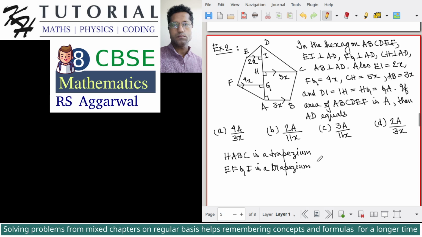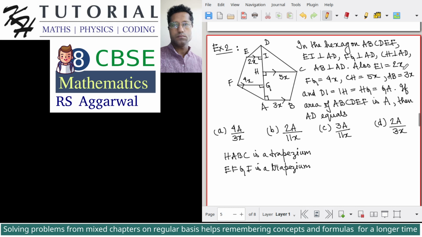Now we know the dimensions of the perpendiculars in terms of x, but we do not know the actual values of DI, IH, HG and GA. We need these segment lengths to calculate the area.